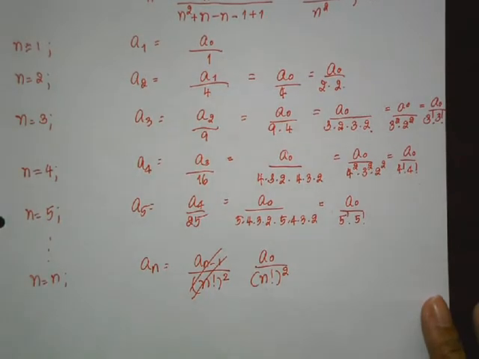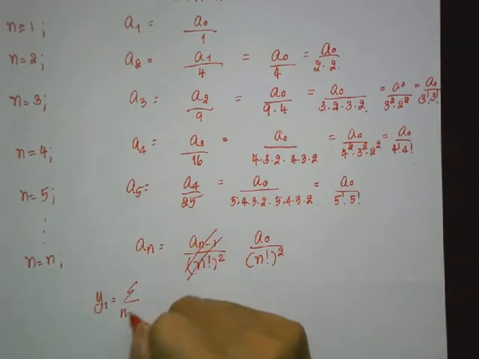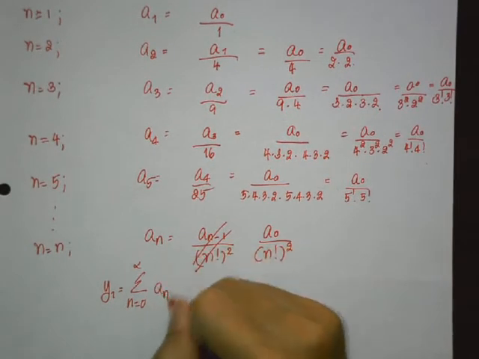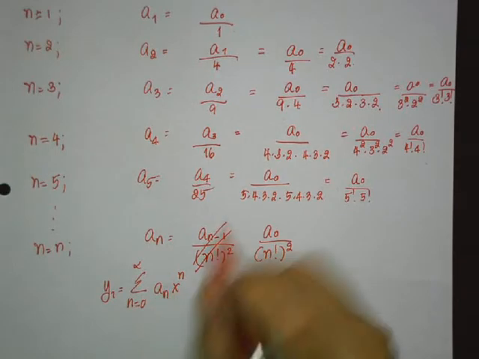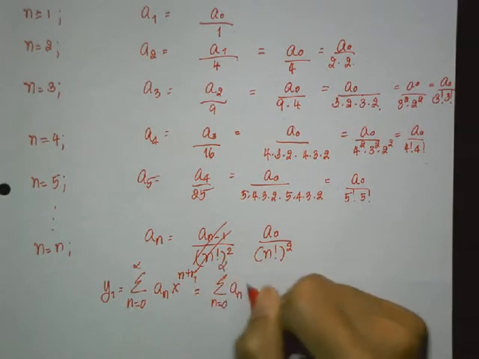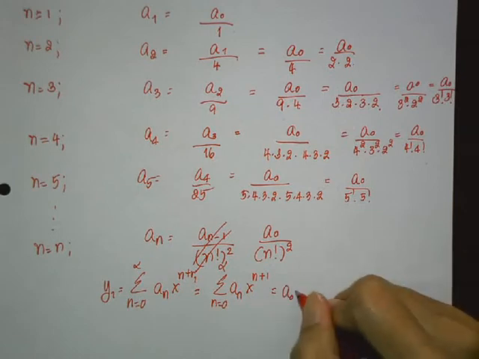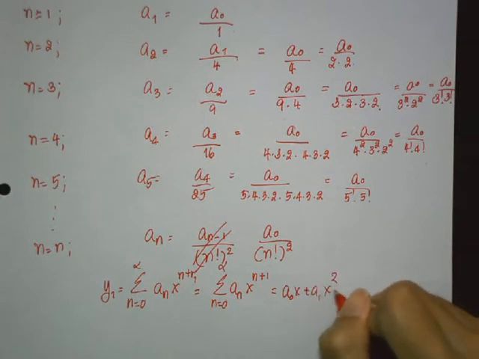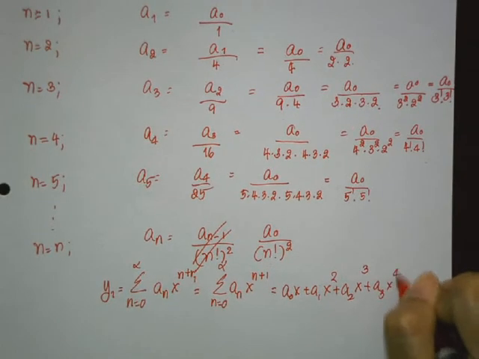So we are going to write down our y1. What is our r1? 1, right? Y1 is equal to a0 x to the power n plus 1, which is a0 x plus a1 x squared plus a2 x to the power 3 plus a3 x to the power 4, and so on.